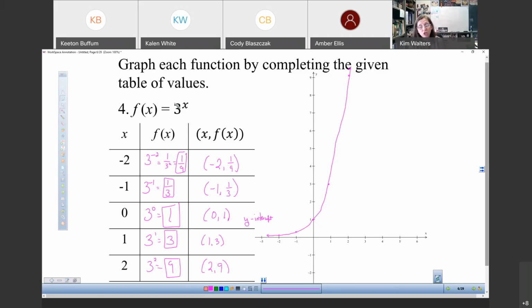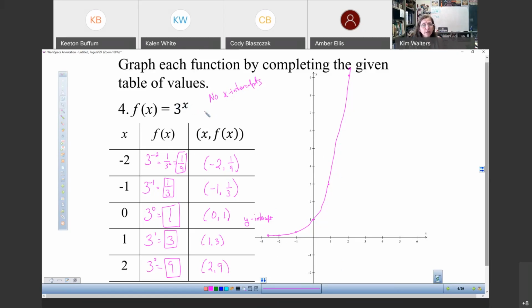So these functions have no x-intercepts unless we add or subtract. Now, if we were to shift the whole thing down by talking about translations, that would be changing. But for your basic exponential function, which is what we're going to be looking at, you don't have x-intercepts.